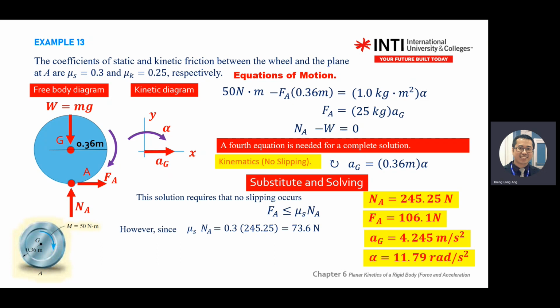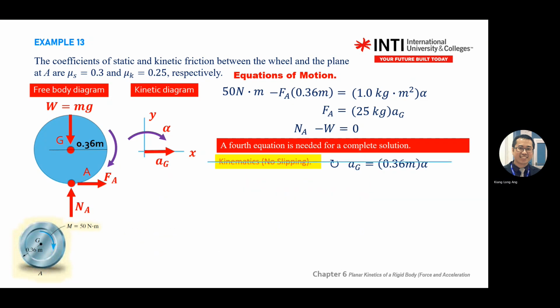All right. So if you use the static one, your friction force is 100 something. So your calculation is more than the static. So if your FA is more than the static value, the wheel will slip as it rolls. So we cancel the previous one.